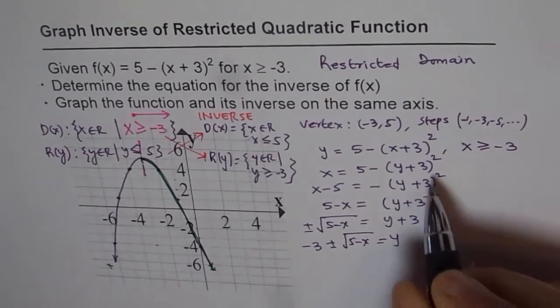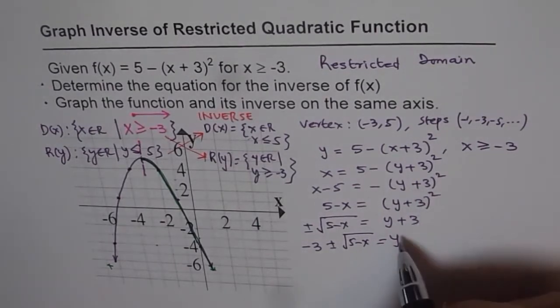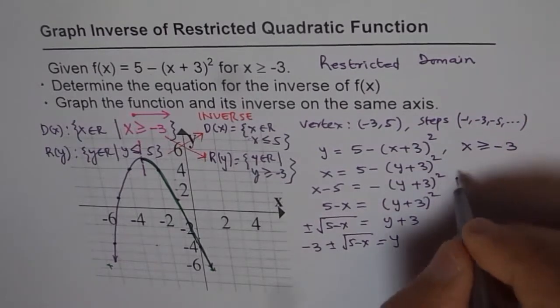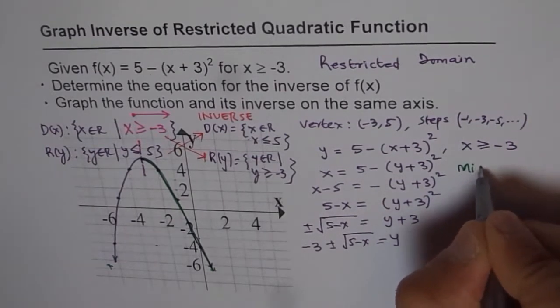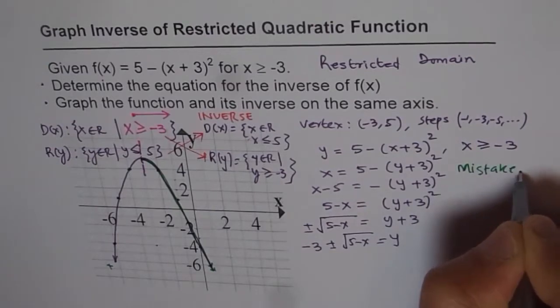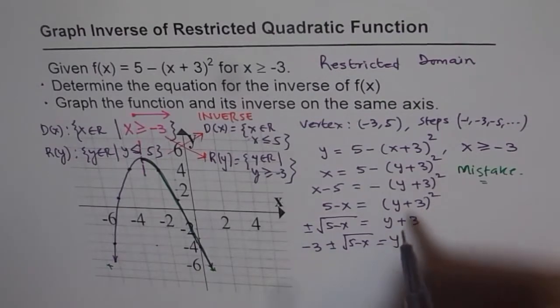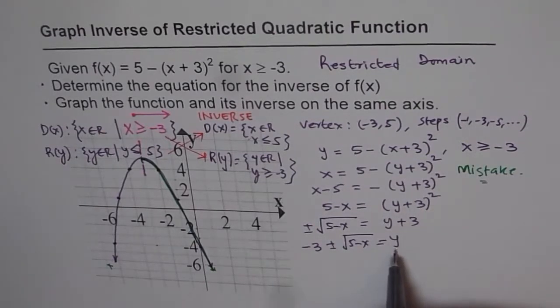Now I have found the inverse of the function. Can you tell me what mistake I have made in this calculation? You need to find out the mistake which I have made here. That is very important for you to understand. Now the mistake here is, if you land up with this, then you are saying that the inverse has a complete range, plus and minus.